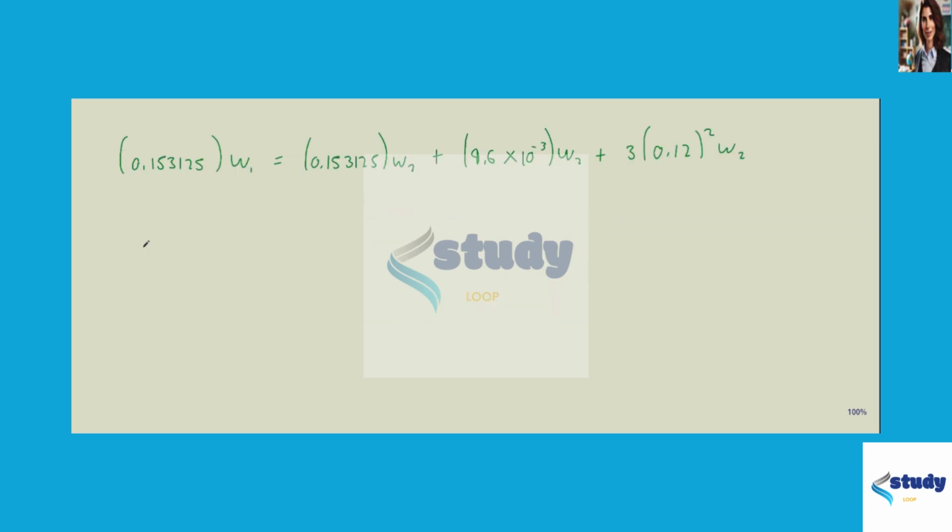And so if we simplify and rearrange this equation, we get 0.153125 multiplied by omega 2 is equal to 0.20593 times omega 1.